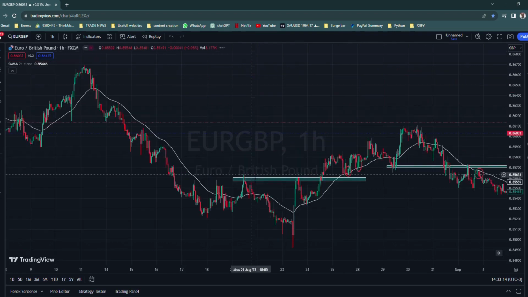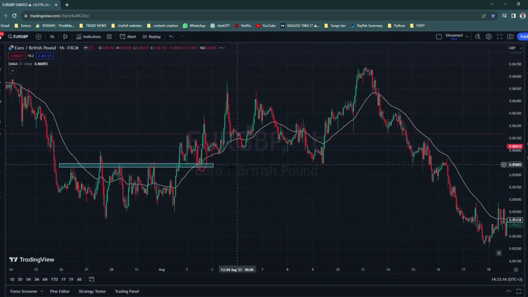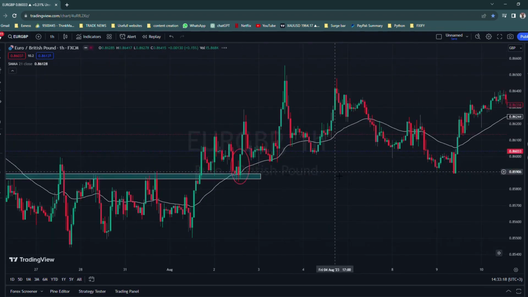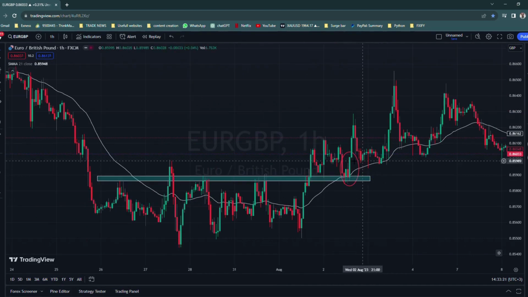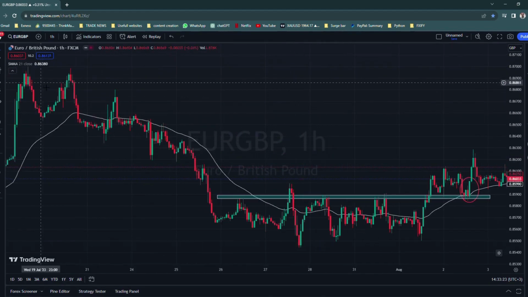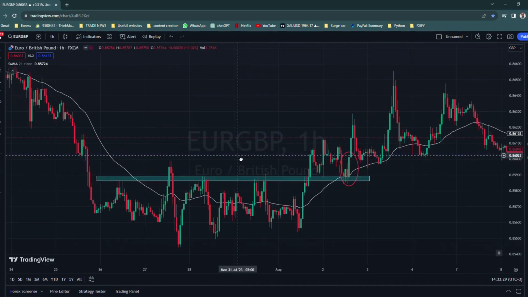So we had spotted some other examples, and here we have another example right here. After this long downward trend, it was a very strong downward trend, and we saw a range forming for close to something like a week before it broke and retested above all the zones.